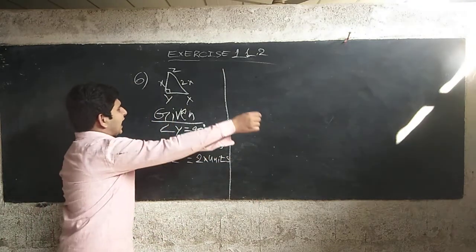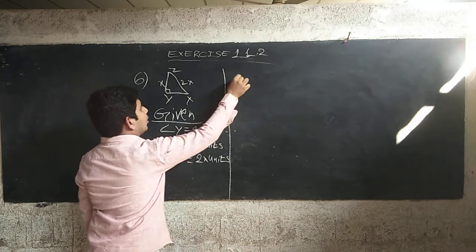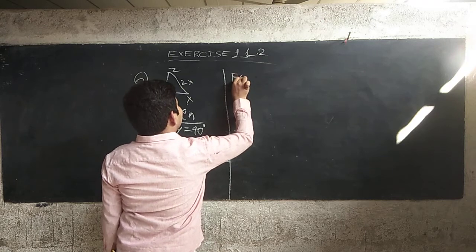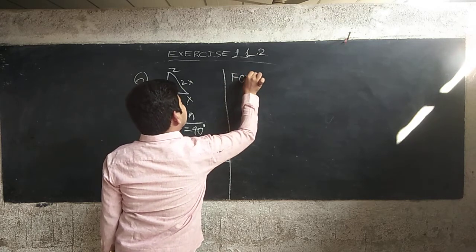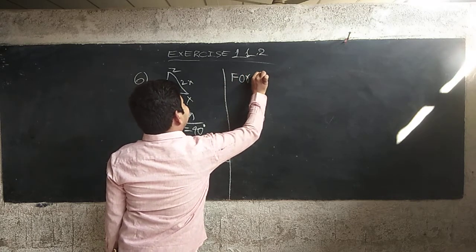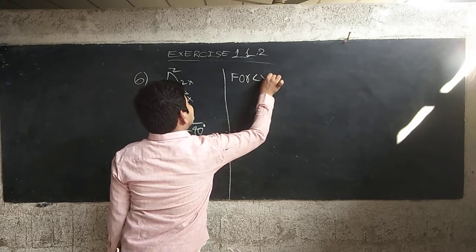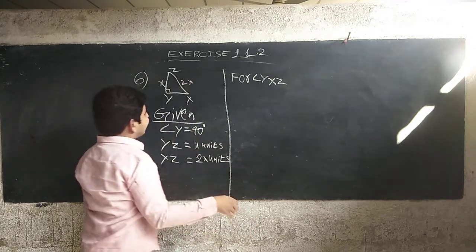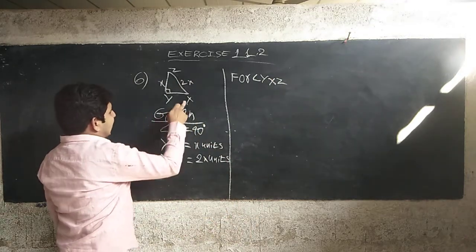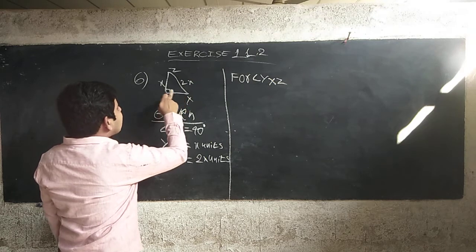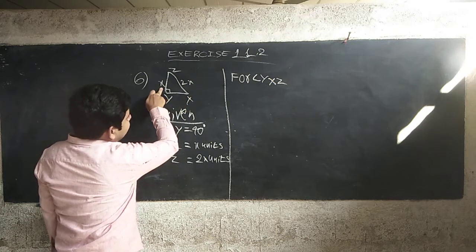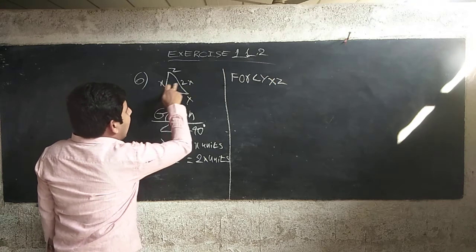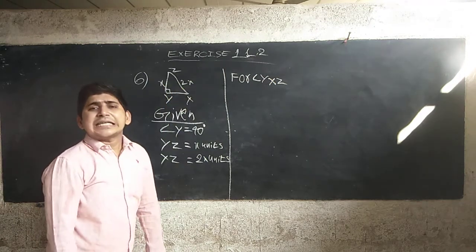Now for angle yxz. For angle x, what is given? The opposite side is given, and the hypotenuse side is given. Opposite by hypotenuse is nothing but sin theta.